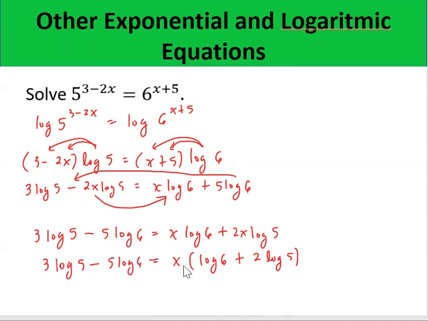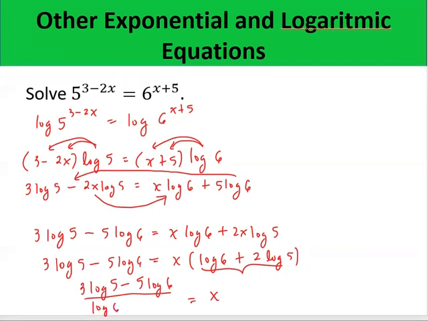So dividing both sides of this equation by this, we get x is equal to 3 logarithm of 5 minus 5 logarithm of 6 over logarithm of 6 plus 2 times the logarithm of 5.